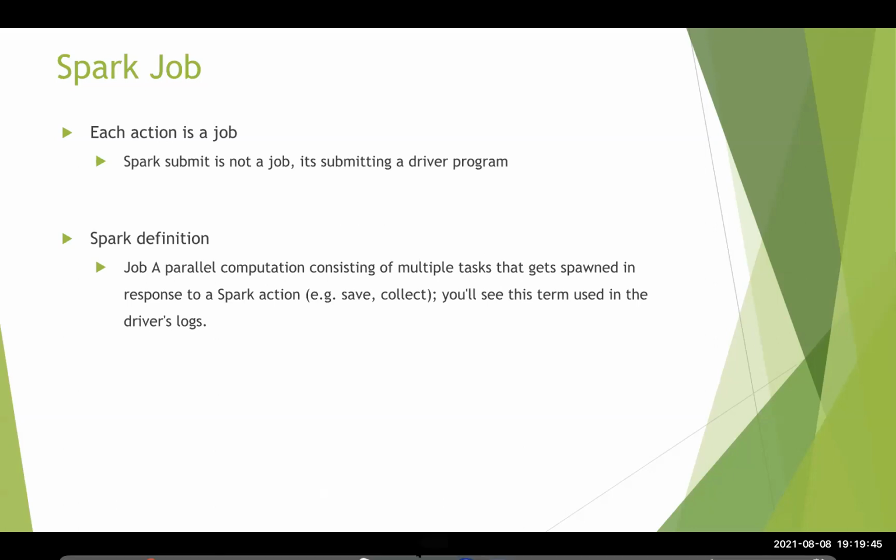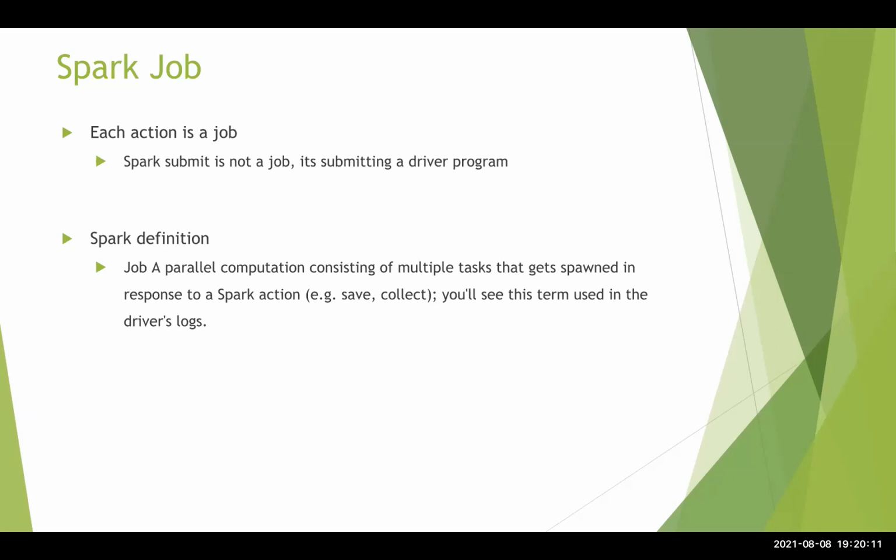One important thing to realize is that each action is a job. We discussed Spark transformations and actions. Each action is a job. If you go to the Spark UI, and I have an example of that also later, you will see that you submitted one application through Spark submit, but you will see 2 jobs there on the UI.